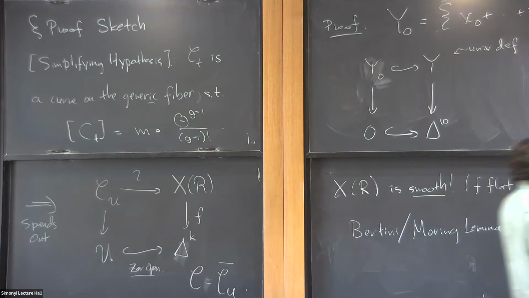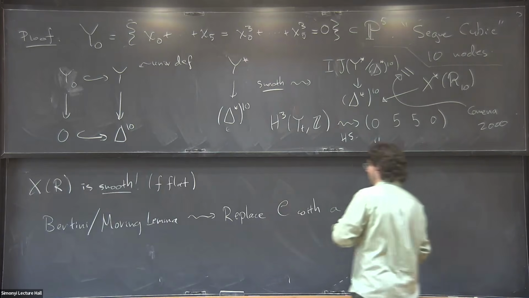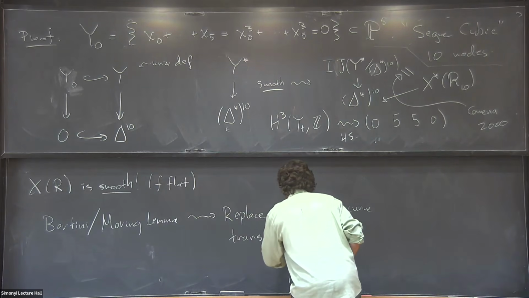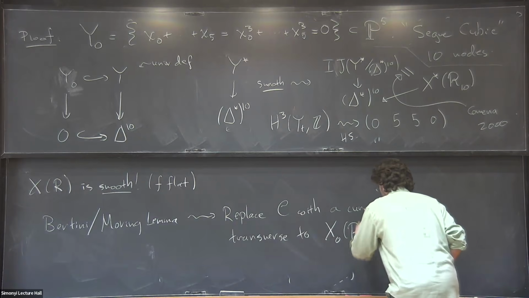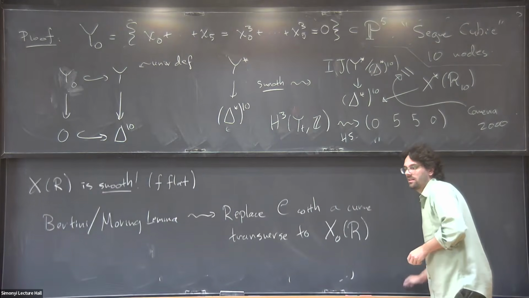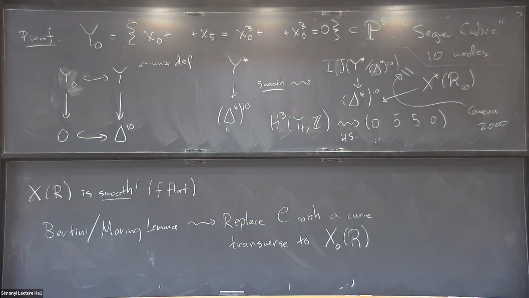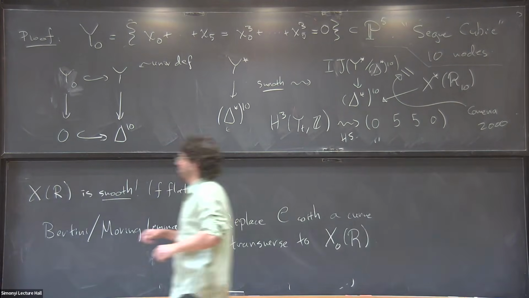So we'll replace C with a curve which is transverse to the central fiber. There's a second subtlety, which is that we're replacing C with a curve. Maybe I should set the prime now.